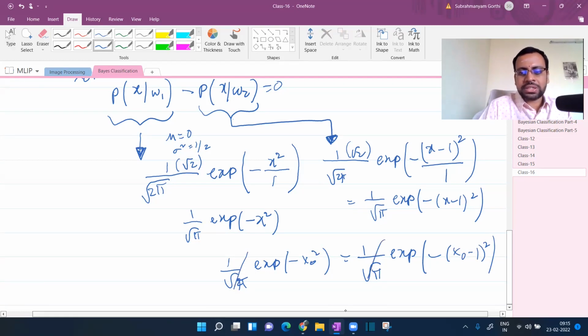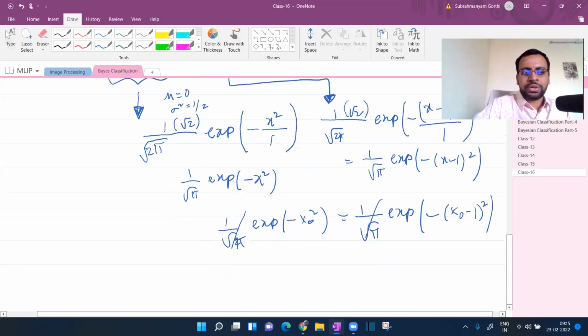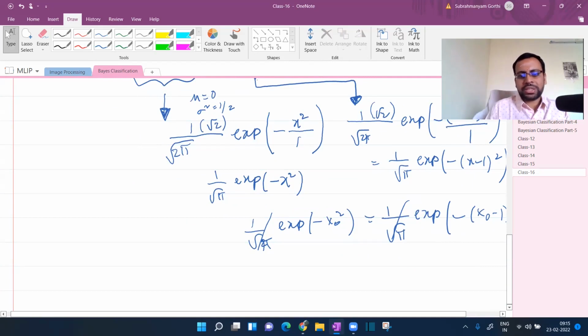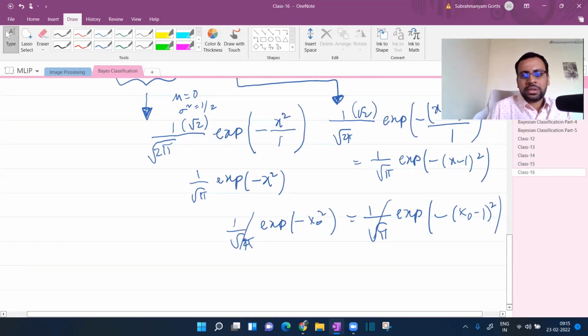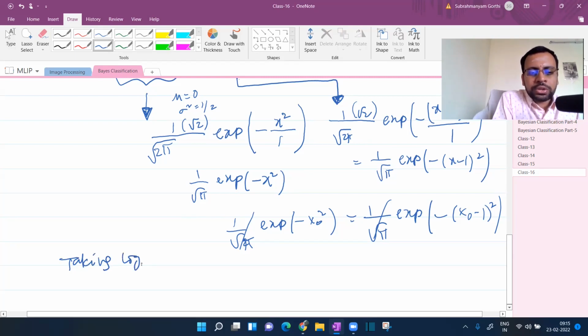And constants are the easiest thing to get rid of. Then how do I solve this when you have exponentials? What do you do? Take logs. Taking log to the base e on both sides. Very good. That's what you should do.